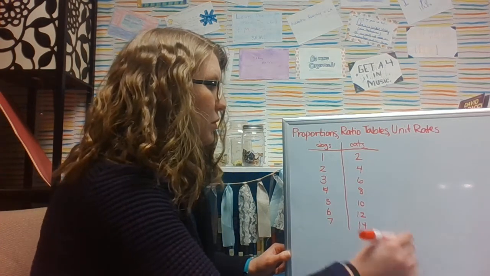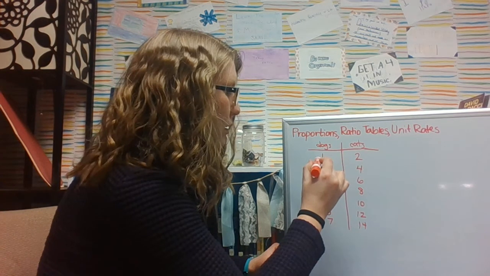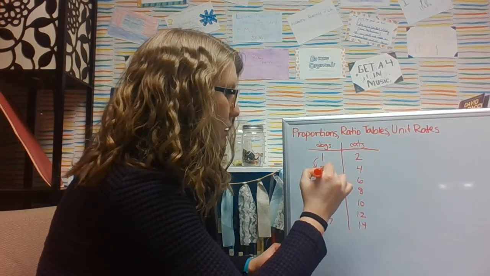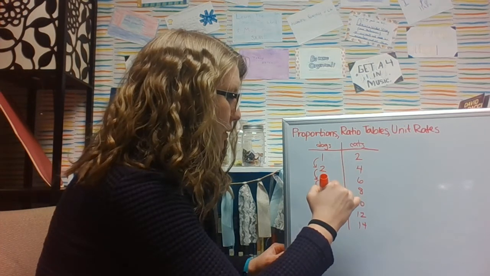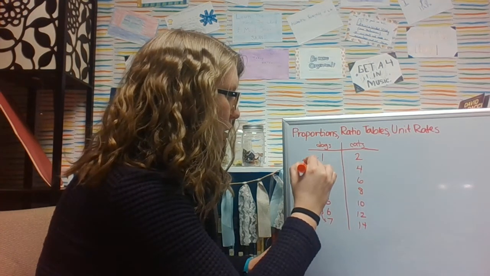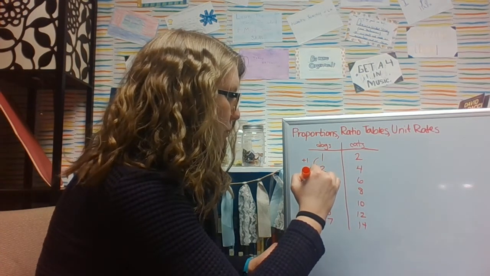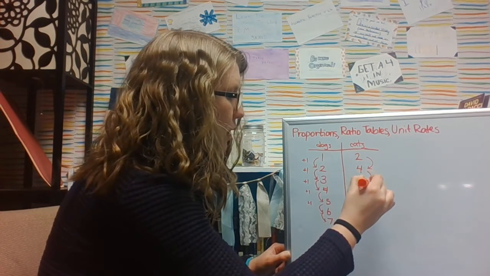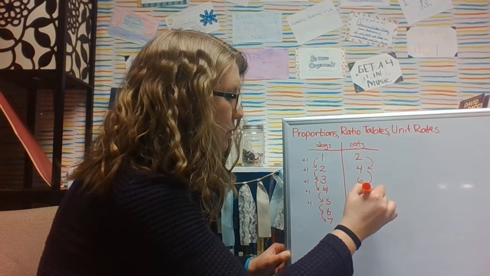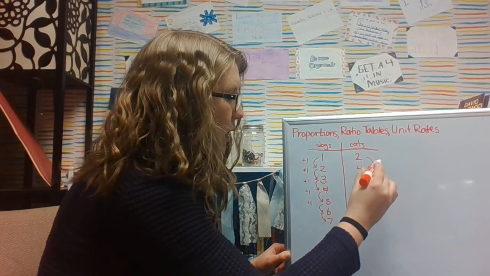I should be able to see that this to this to this is always increasing by the same amount. So down this side, each time I'm adding 1. Down this side, I see each time I'm adding 2.